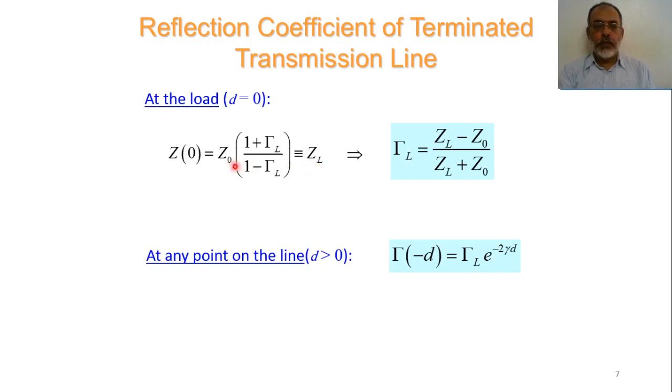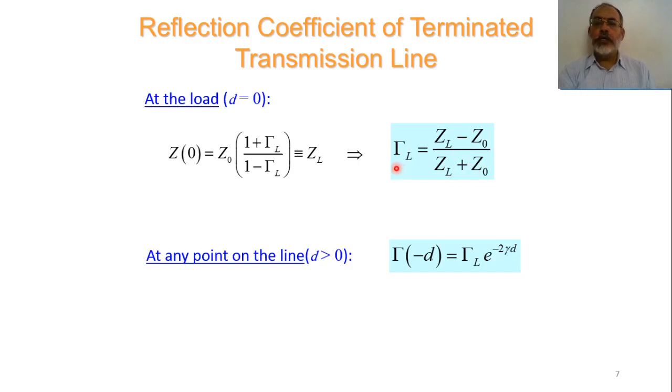So by arranging this equation, we can obtain gamma load in terms of z load and z naught as gamma load equals z load minus z naught over z load plus z naught.